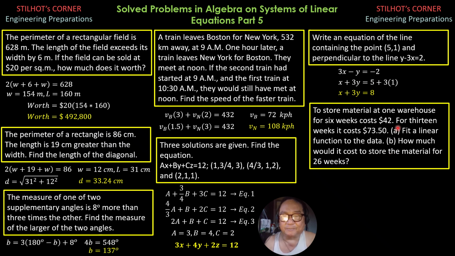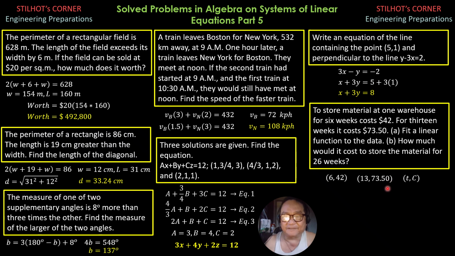So the data points are, I'll make the cost the second value, so time and cost. So (6, 42), then we have (13, 73.5), and (t, c) for the variable. Slope is delta y over delta x.